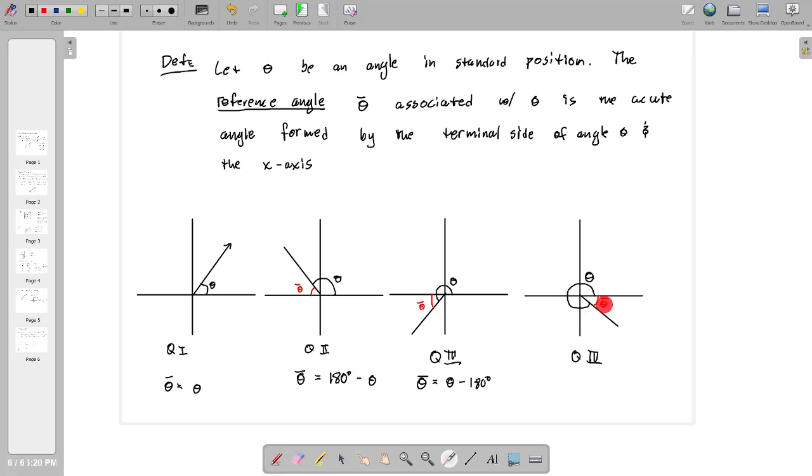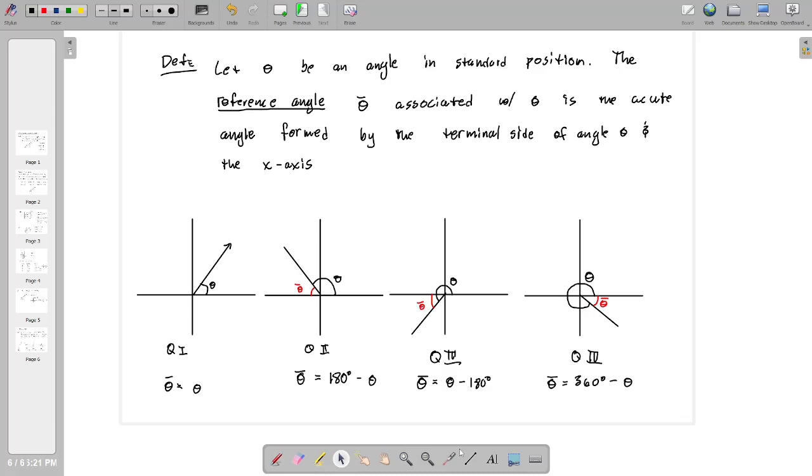Theta plus theta bar gives us an entire circle in this case. So, theta plus theta bar is equal to 360. And then if we wanted to solve for theta bar, which is what we want to find, we subtract theta over. So we have theta bar is equal to 360 degrees minus theta. So this is how we find theta bar for each quadrant.